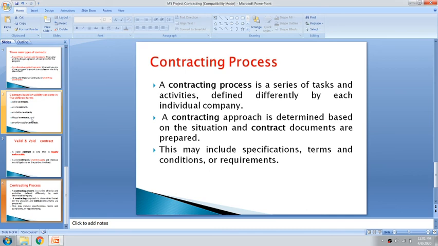A contracting approach is determined based on the situation and contract documents. Based upon the contract documents prepared, the contracting process will be carried out. In order to make this contract, we require specifications, terms, conditions and requirements. Based upon that, we prepare the contract. So this is about the contracting process.